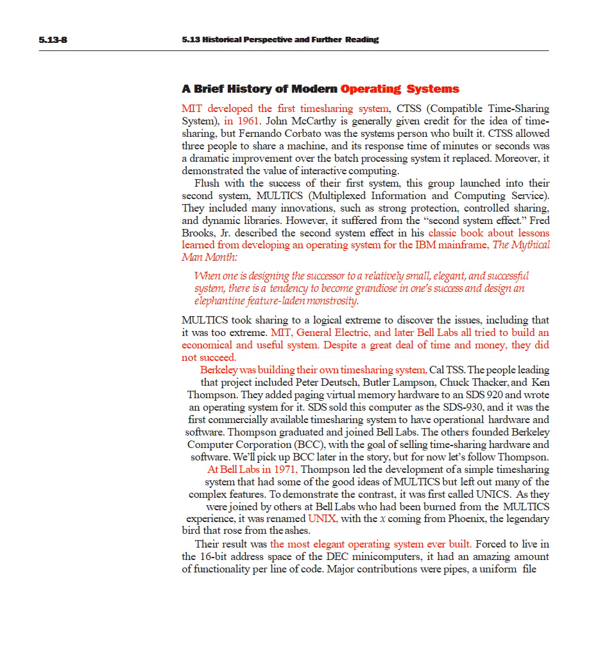And an interesting little quote here, from a classical book about lessons learned from developing an operating system for IBM mainframe, The Mythical Man-Month: "When one is designing the successor to a relatively small, elegant, and successful system, there is a tendency to become grandiose in one's success and design an elephantine, feature-laden monstrosity." That's a telling statement that you see happen in a number of places.